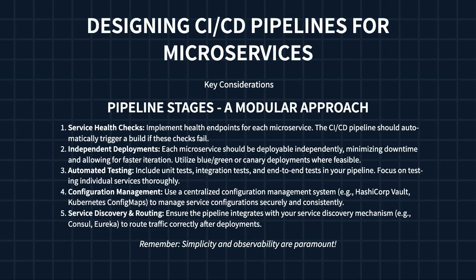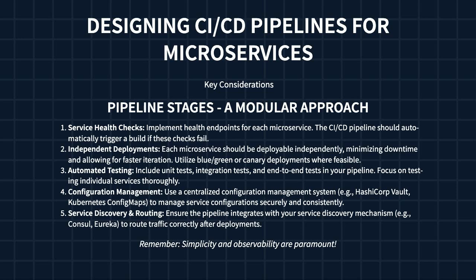Okay, let's talk about designing CI/CD pipelines specifically for microservices. The key is to think modular. Each service should be able to roll out independently without impacting others. We need to start with robust health checks to immediately catch any issues after deployment. Then we'll want independent deployments, meaning you can update one service without touching the rest.